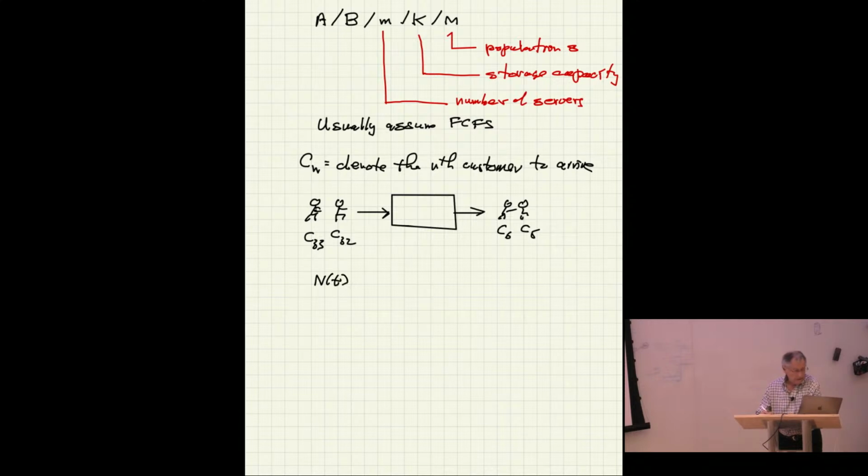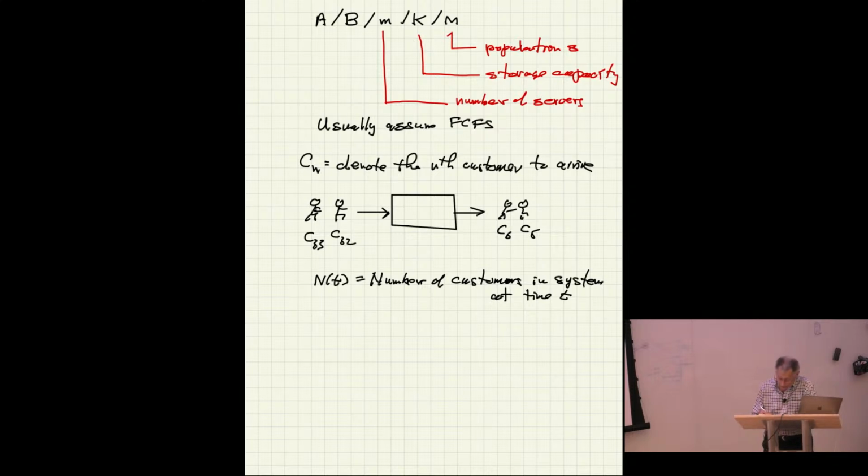Let N of t be the number of customers in the system. Remember I said I want to find that. At time t, in the system, the whole box. So that's a time variable quantity.